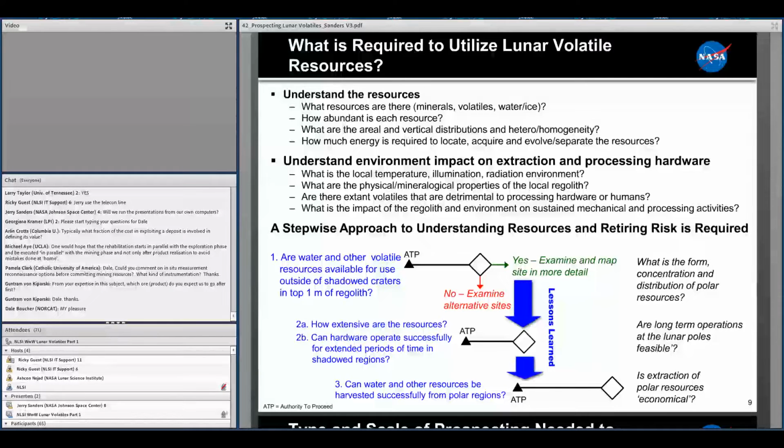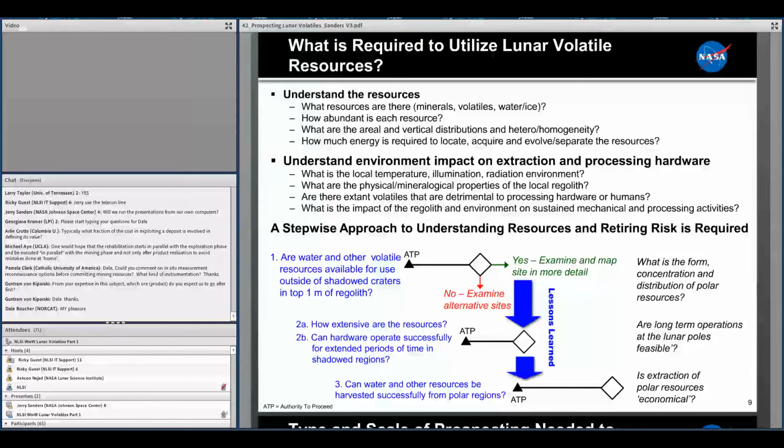What is there? The minerals, the volatiles, what water, ice? How abundant are those resources? How are they distributed? Is it heterogeneously or homogeneously? And what's really important from an ISRU perspective is how much energy is required to process and acquire those resources and volatiles.